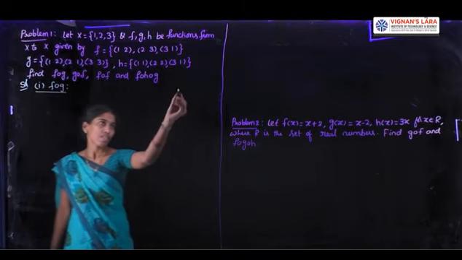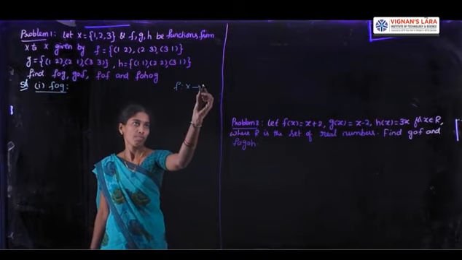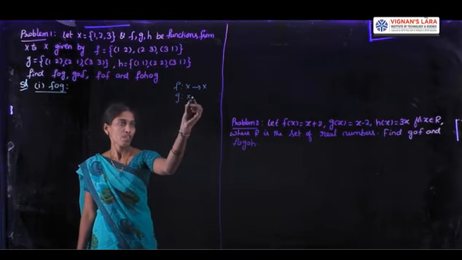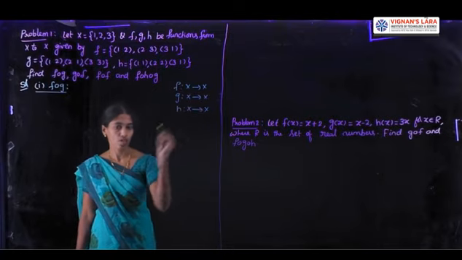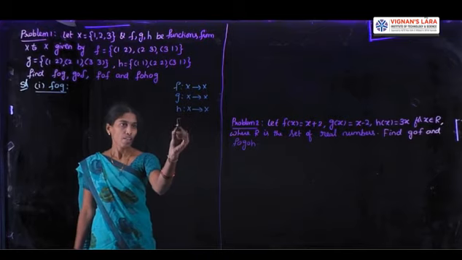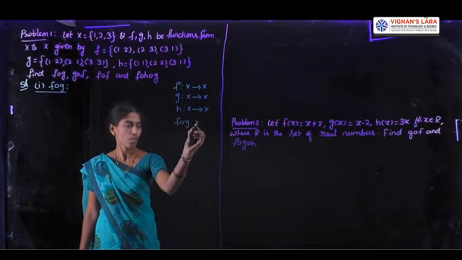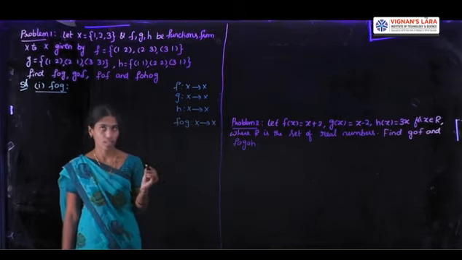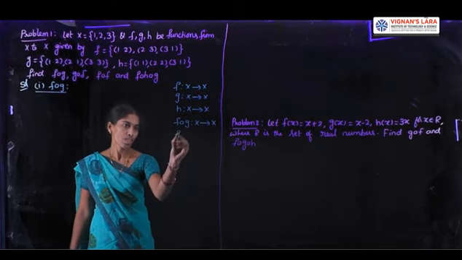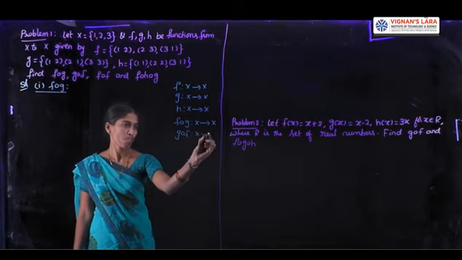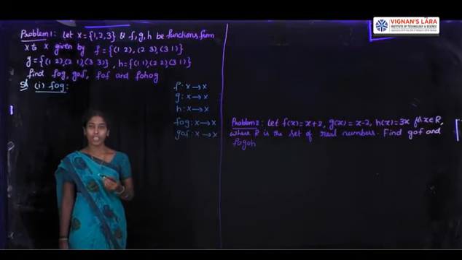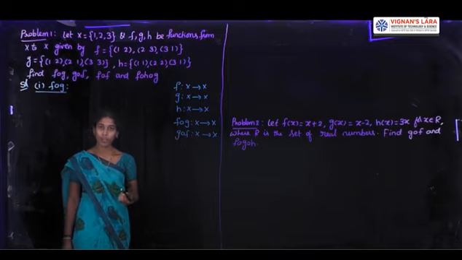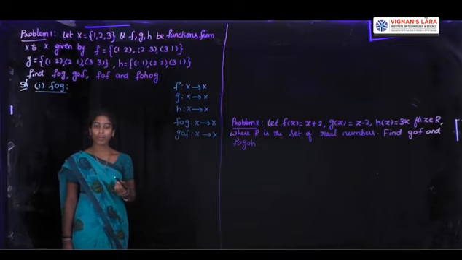Here f is a function from X to X, g is a function from X to X, h is also a function from X to X. So f circle g is also a function from X to X, and g circle f is also a function from X to X, because all the domains and codomains of the three functions f, g, h are the same. Therefore, their composition's domain and codomain are also the same, X.